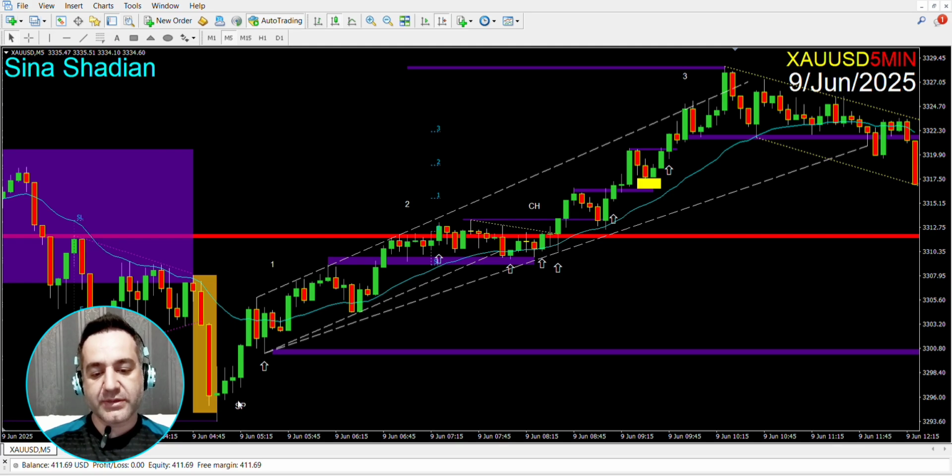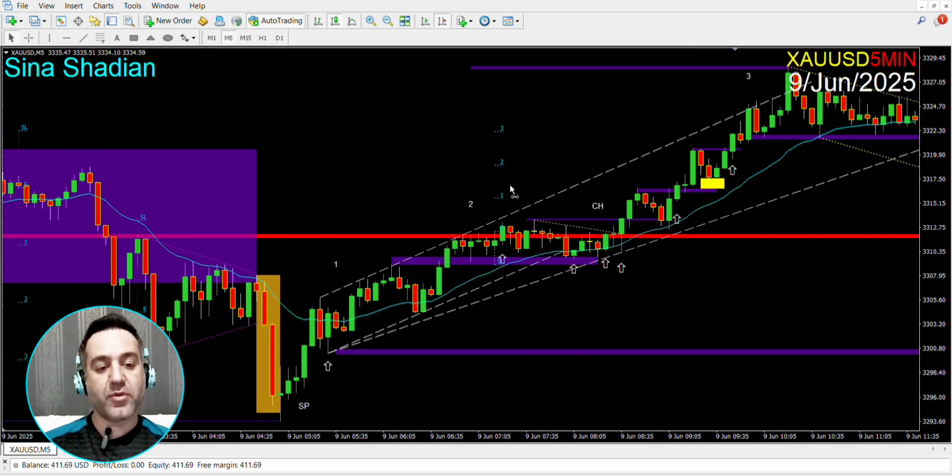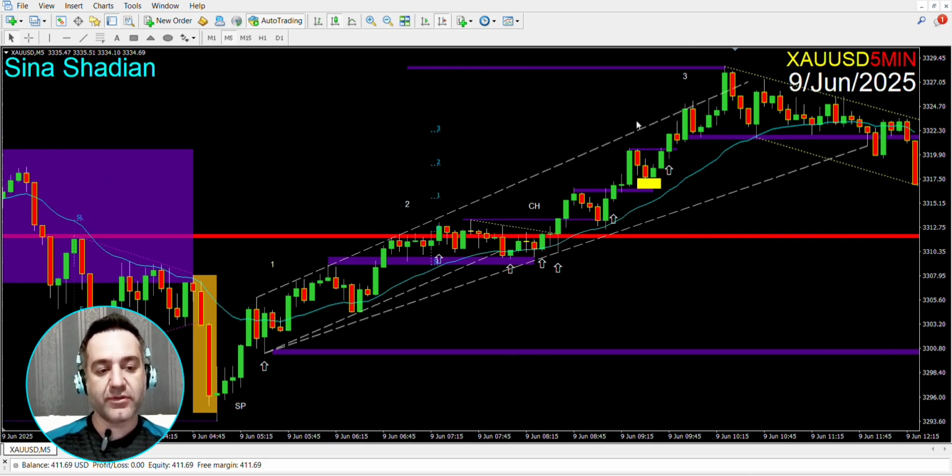They know that after a spike, which is here, it started with a spike, and then the second phase starts, and the market touches the trend channel line three times. This one is the first touch.